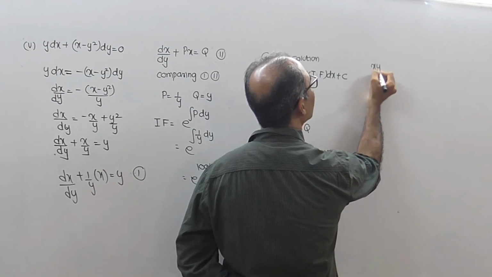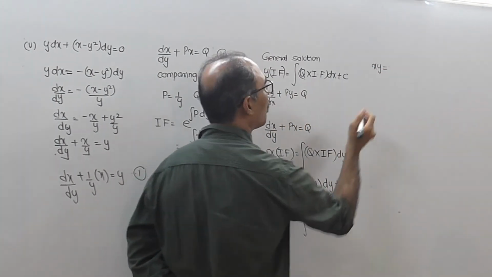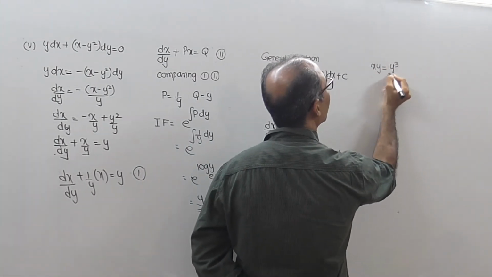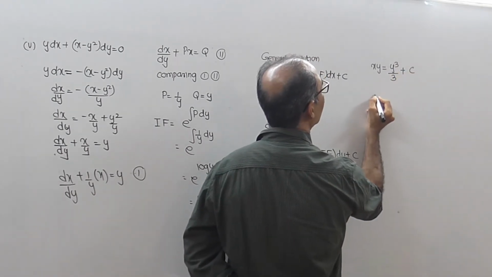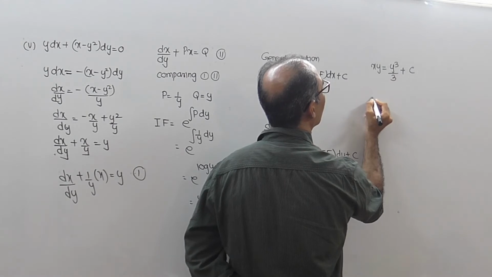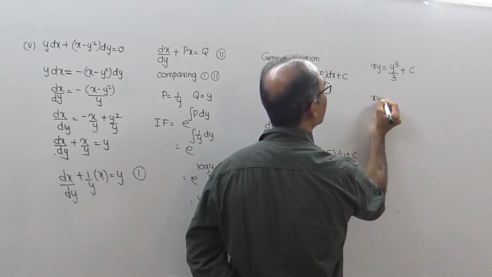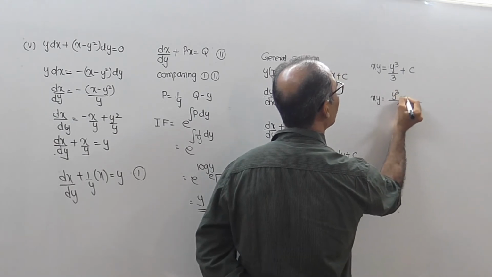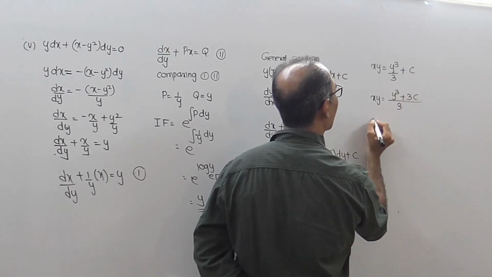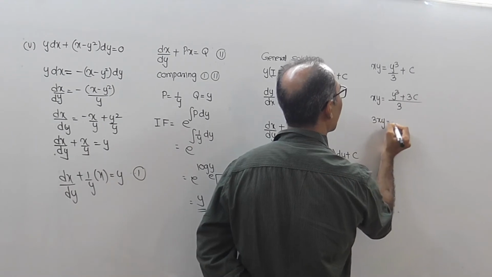So we get xy equal to integration of y raised to 2, which is y raised to 2 plus 1 upon 2 plus 1, and plus c. So at the most what you can do is xy equal to, you can take 3 as the LCM, you get y cube plus 3c.